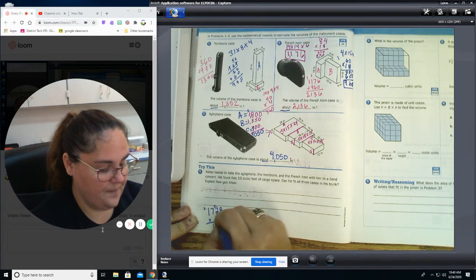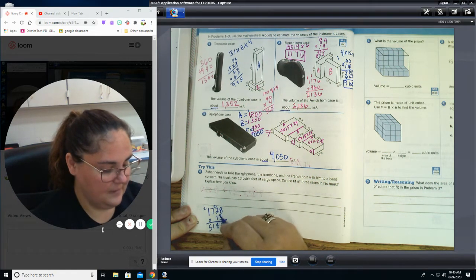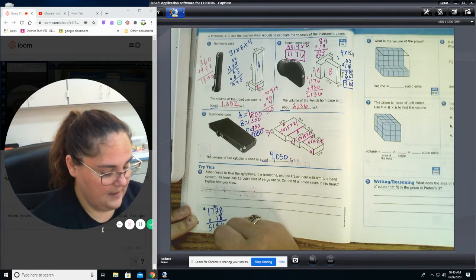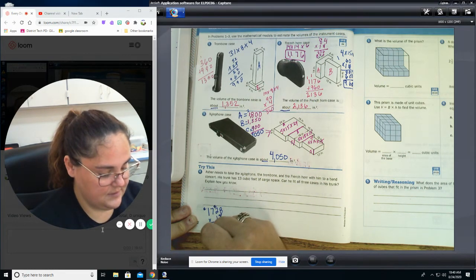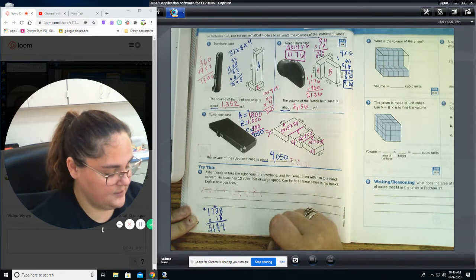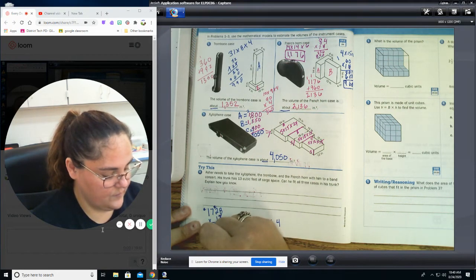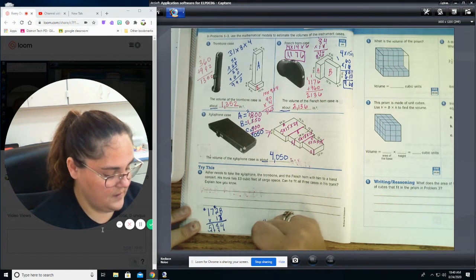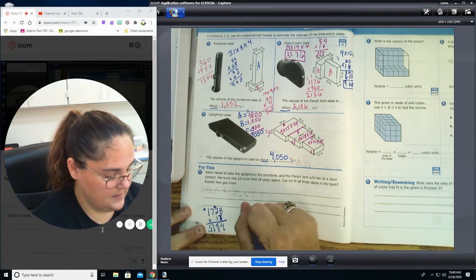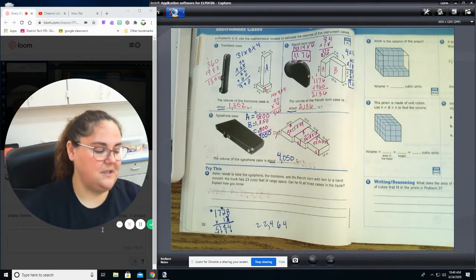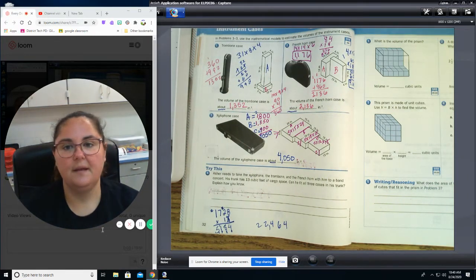Carry my 2. 3 times 1 is 3, plus 2 is 5. X's and O's. 8, 2, 7, 1. All right, so my answer should be 4, 6, 2, 4, 2, 2. 23,464 square inches.